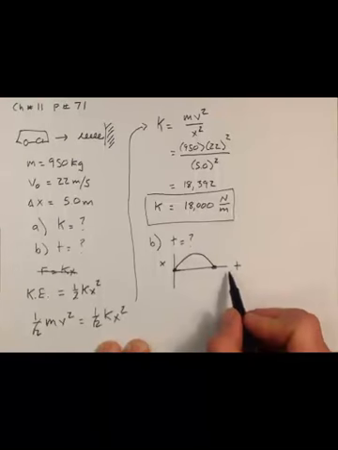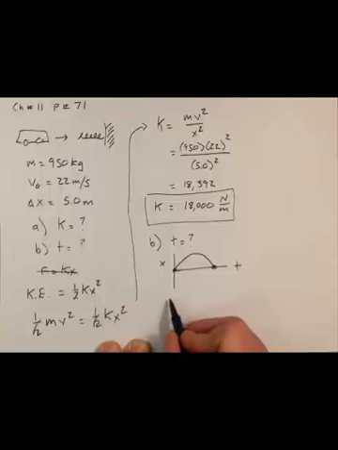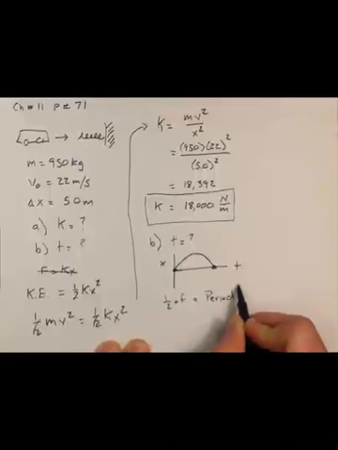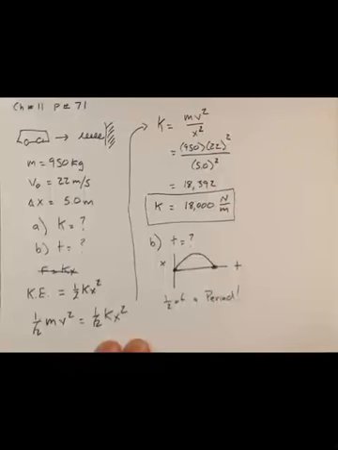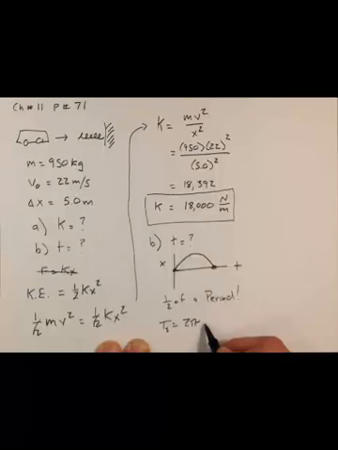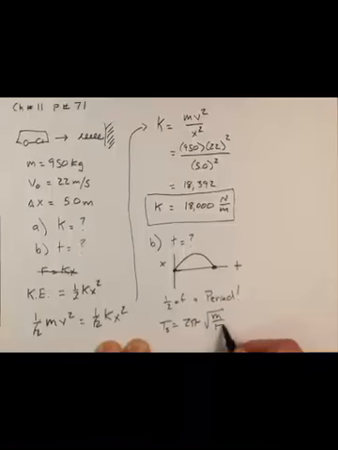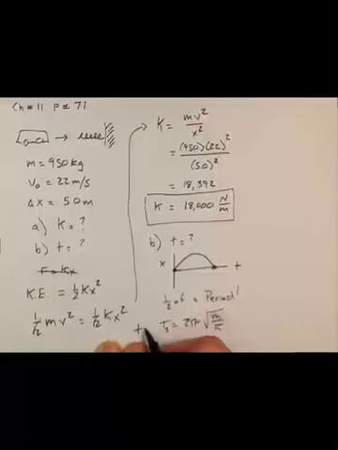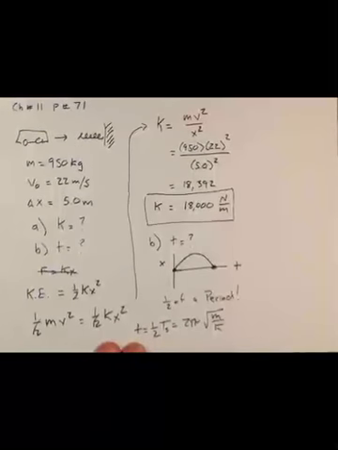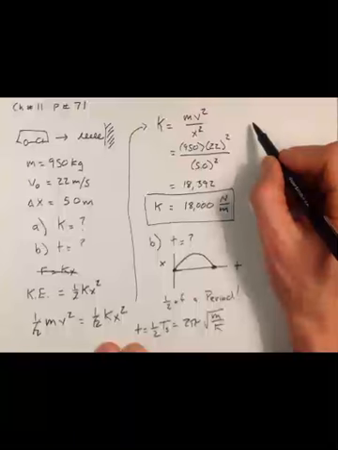How much time is this? Well, this is 1/2 of a period. From simple harmonic motion, the period of a mass on a spring is 2 pi square root of m over k. So the car is in contact for 1/2 a period.